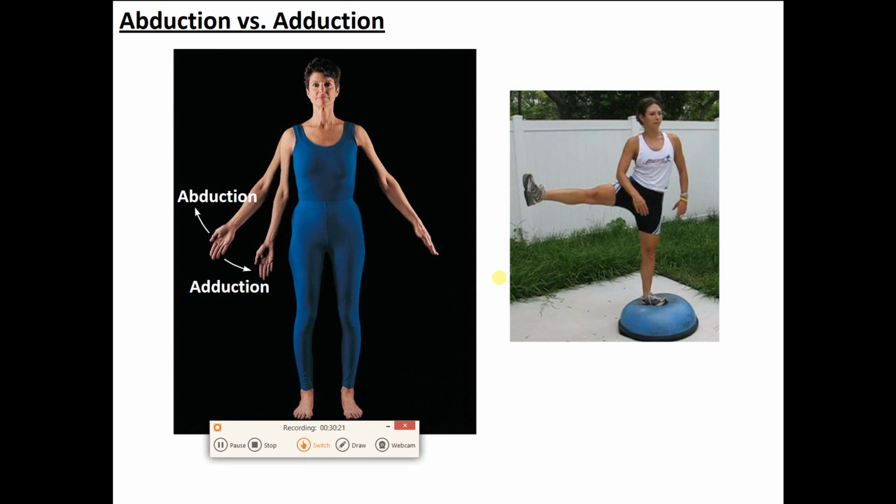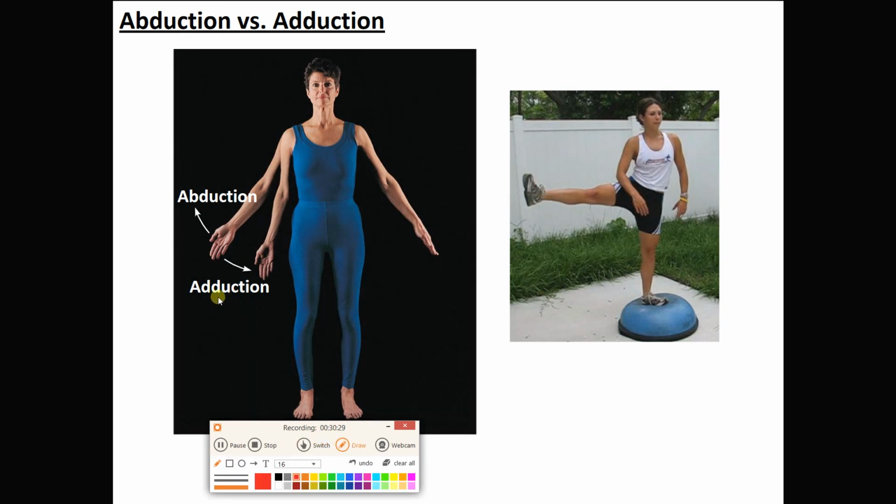There's now abduction and adduction. The duct part means to move or draw. So ab means away. So in abduction, you're moving an arm or a leg away from the midline of a body.